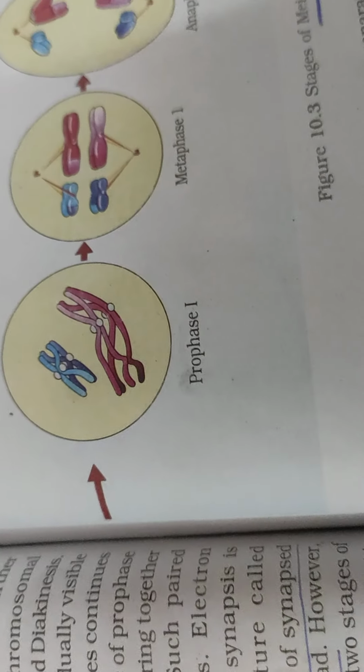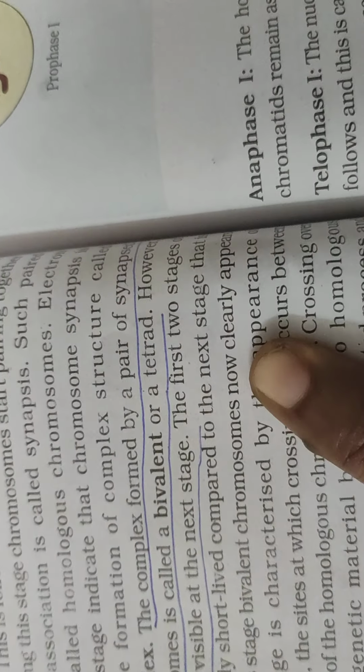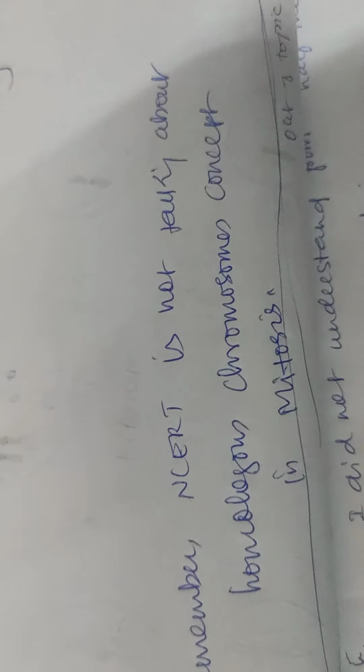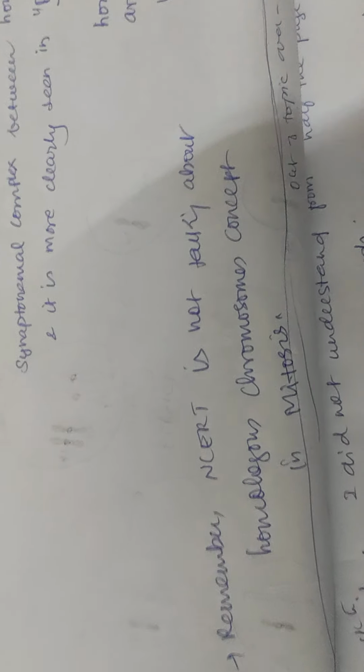Although short-lived, in the next stage, pachytene, it becomes clear and now clearly appears as tetrads. So NCERT is not talking about the homologous concept in mitosis, only in meiosis.